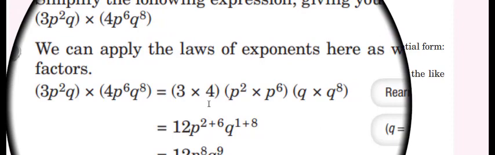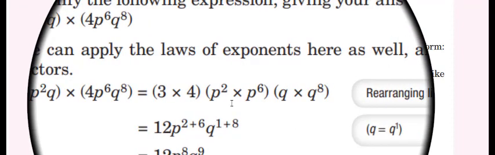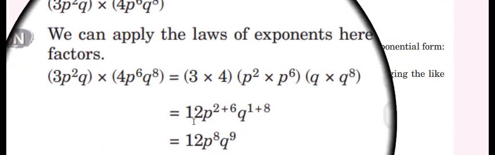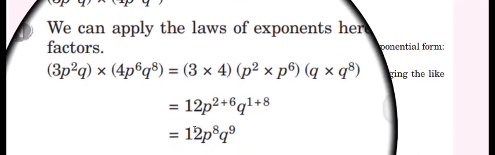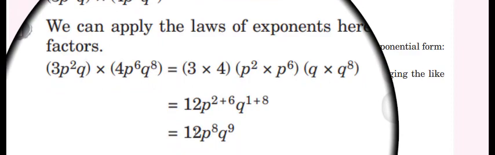Numbers are put in one bracket, terms of p taken in one bracket, and terms of q also taken in one bracket. Adding their exponents if they have the same base, and multiplying the numbers, I'm getting the result this way. So this is the final answer. Here the most important point: if simply q is written here, that represents q raised to the power of 1 in exponential form.